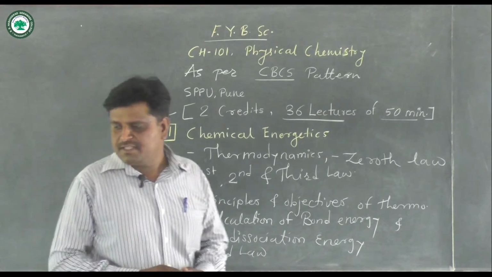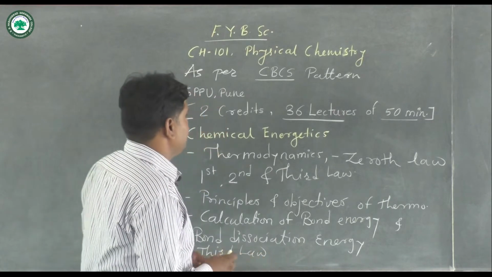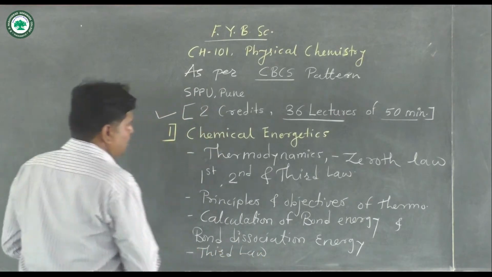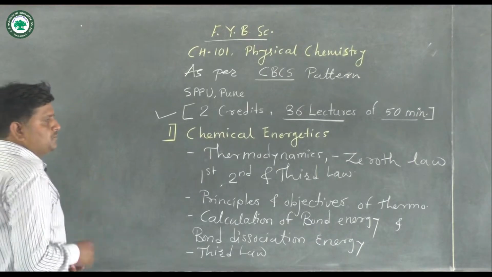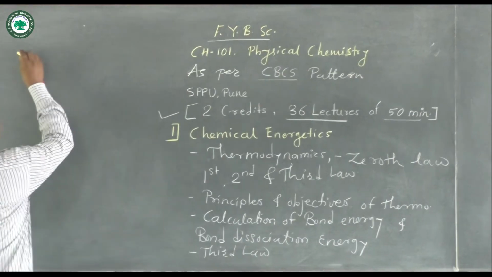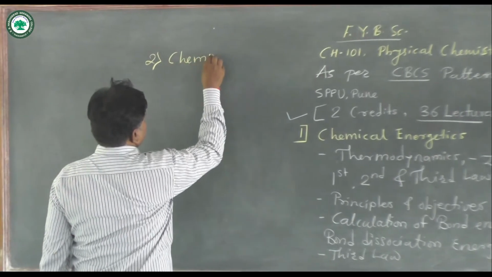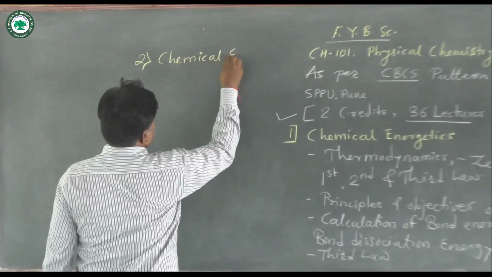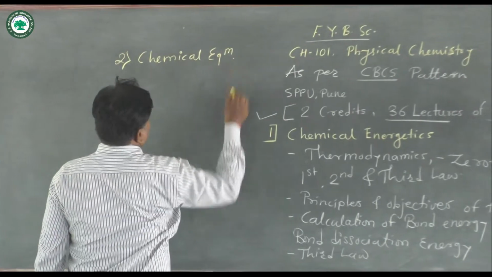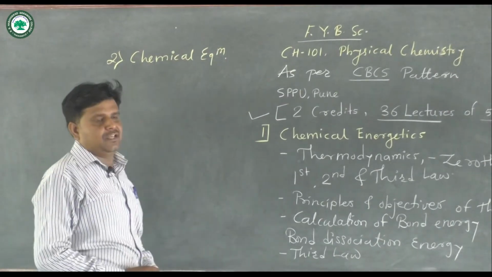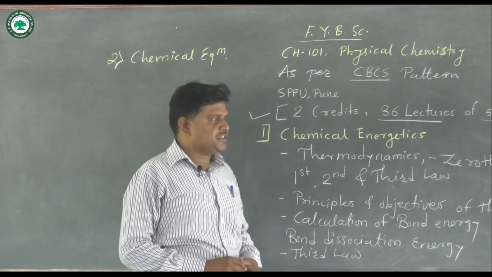Next chapter is chemical equilibrium. Chemical equilibrium, chapter 2. Okay, this is the second chapter.